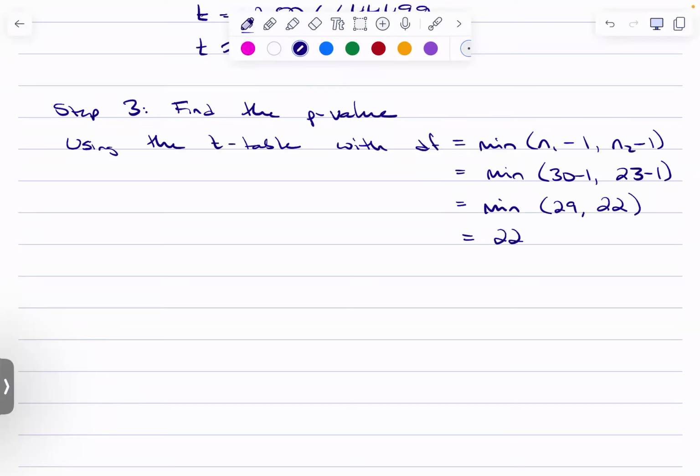Well, the minimum of 29 or 22 is 22. If you wanted to write it out in words, that's totally fine: using the smaller sample size of 23 minus 1 as my degrees of freedom. I just prefer the shorthand of the minimum function. So we have 22 degrees of freedom.